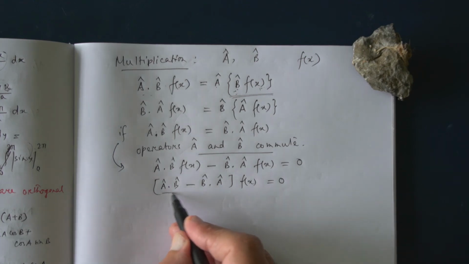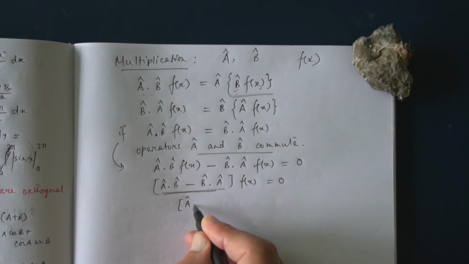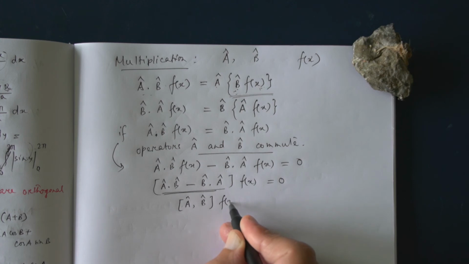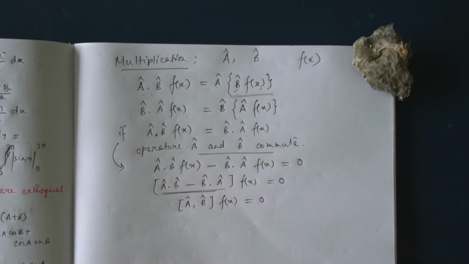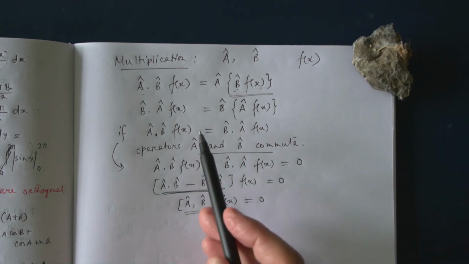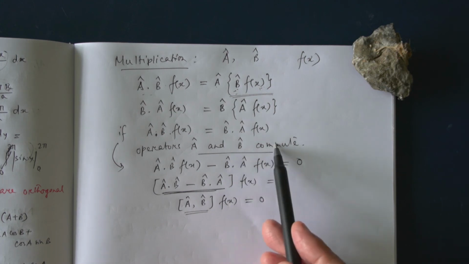Or this thing can be represented by a symbol [A, B]. Okay, [A, B]. What does this mean? This means this. Okay, so now if this is equal to this, then A and B commute.